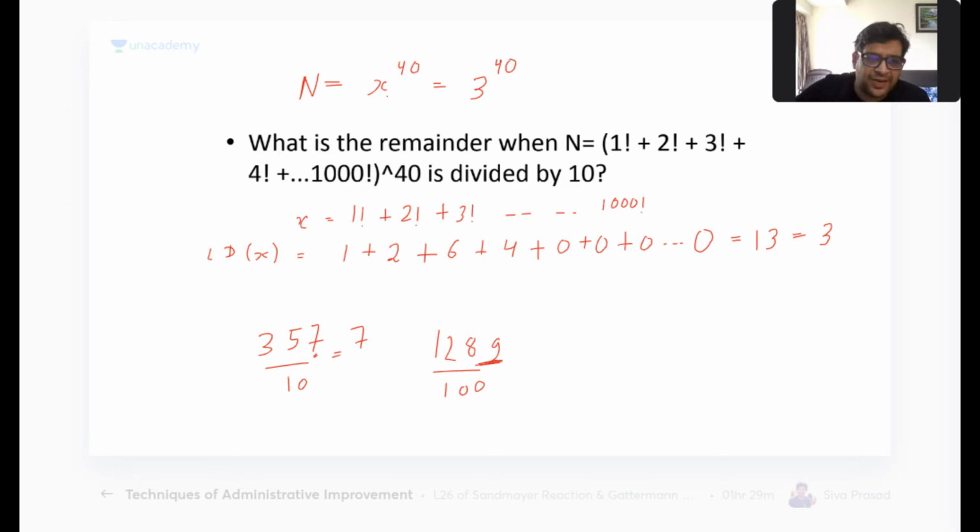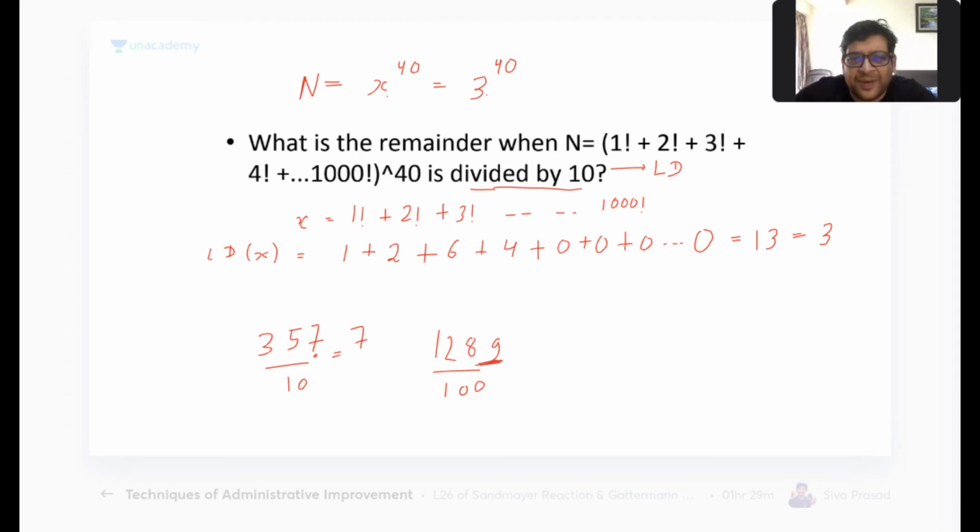So there is no need to calculate when you are finding the remainder from 10 or 100 or 1000. If it is from 10, it is the last digit. If it is from 100, it is the last two digits. There is nothing extra required. So if divided by 10, I can very simply say, what is the last digit? And that is what we are trying to find out here.